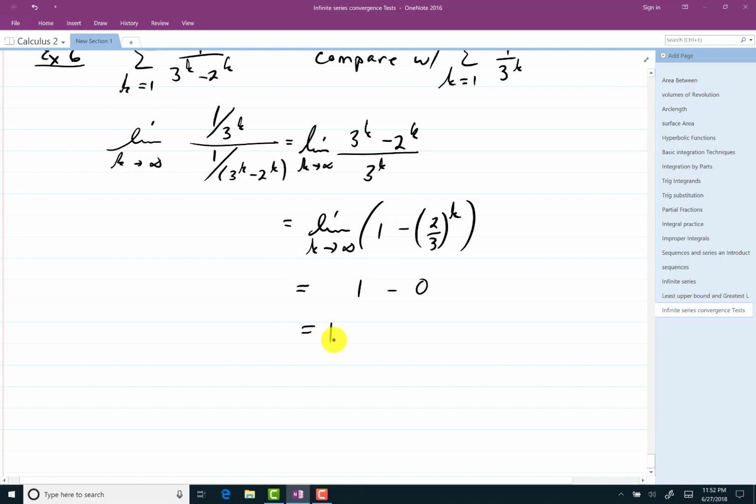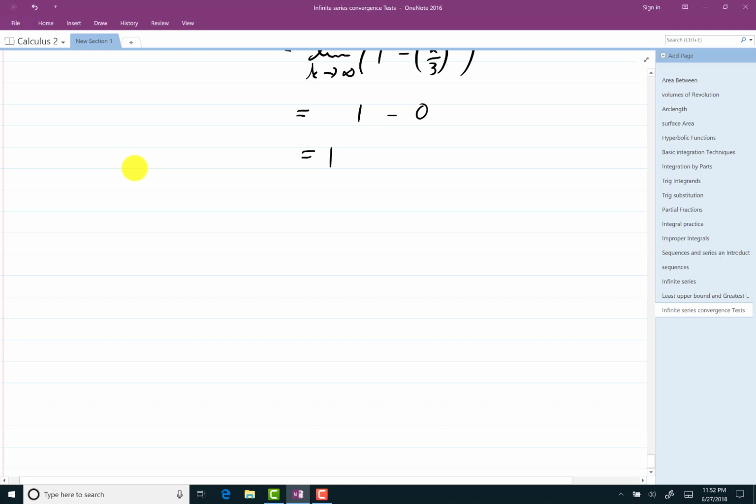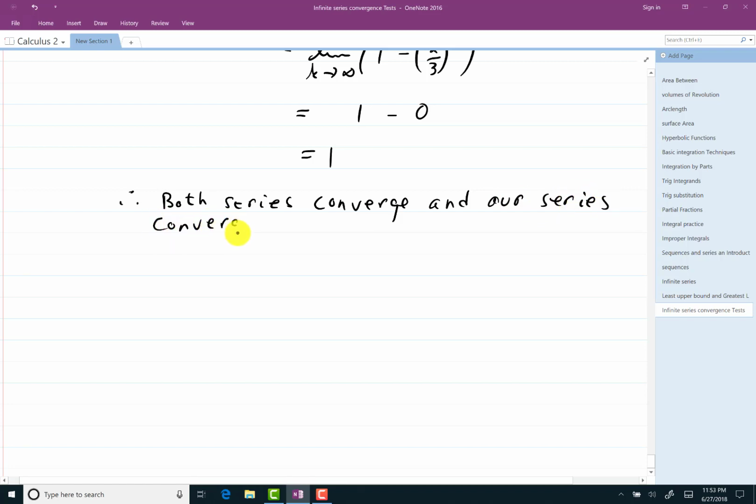And so both series converge. And so our series converges by the limit comparison test.